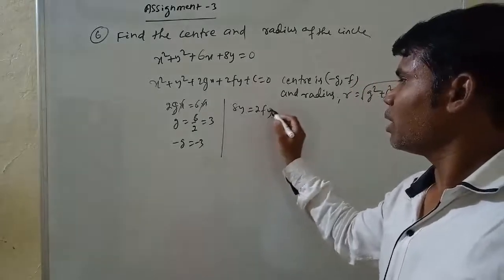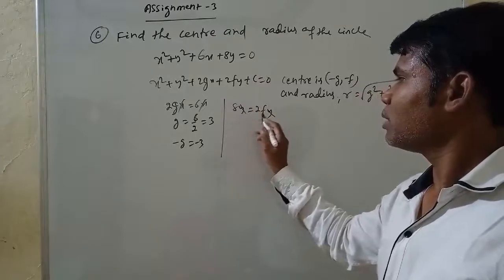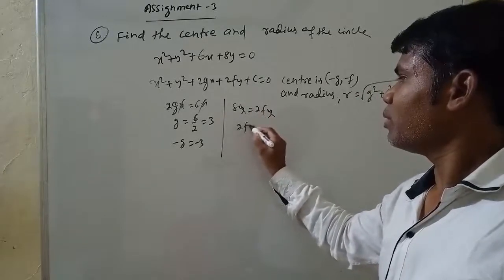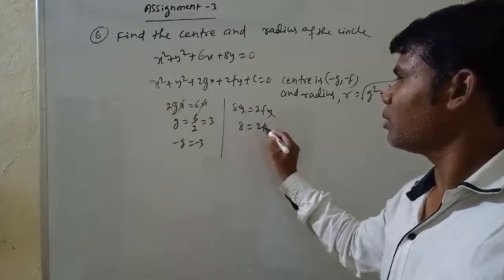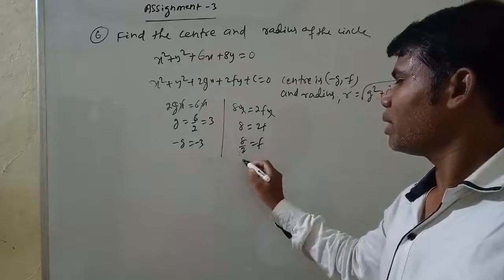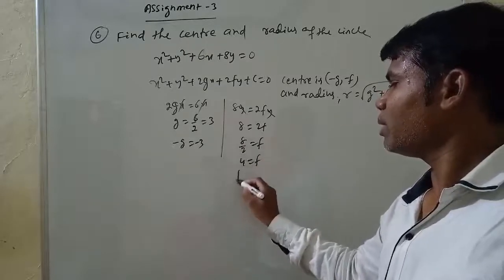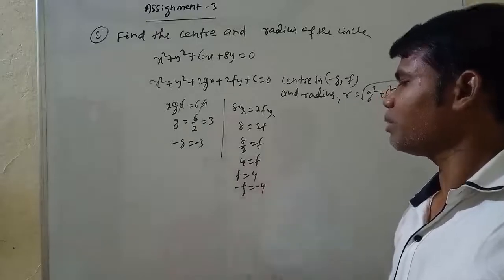Okay, y will cancel out. 2f is equal to 8, 8 by 2 is equal to f, that is 4 is equal to f. That means f is equal to 4. We need minus f. Minus f is equal to minus 4.